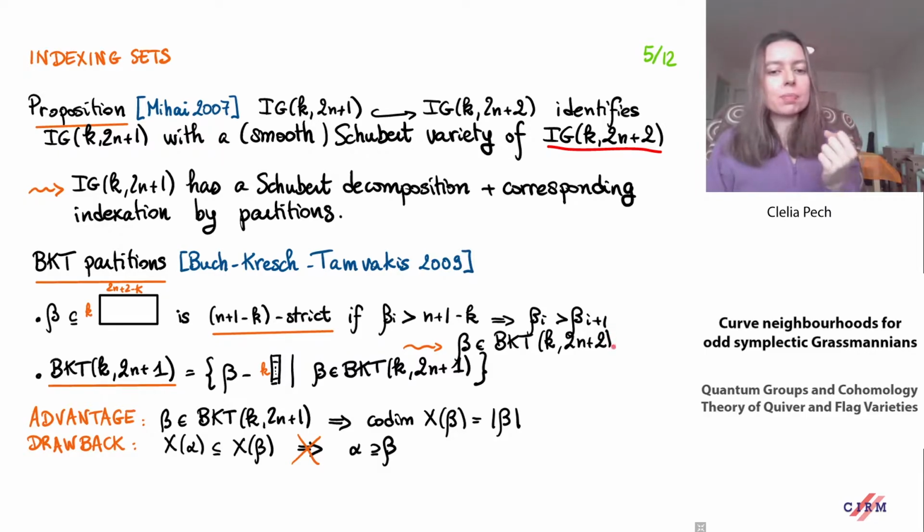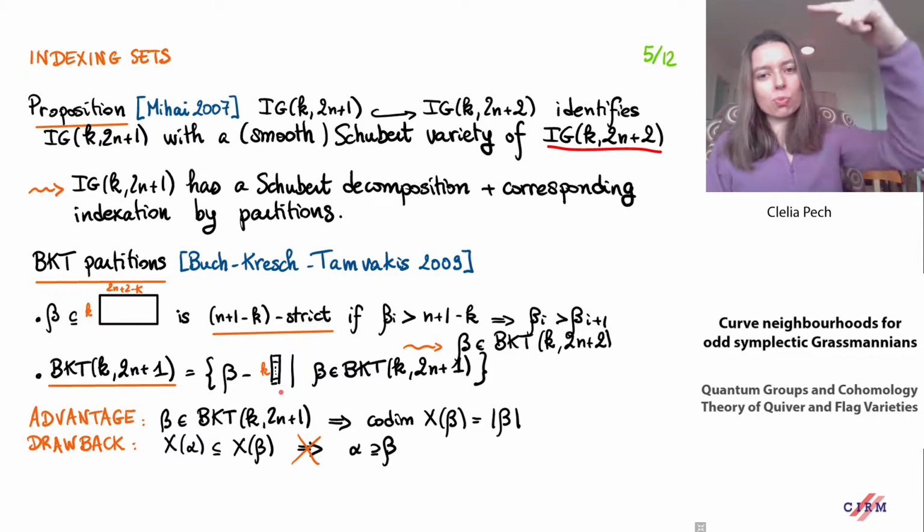And now there are different ways to translate that into an indexing set for the out-symplectic Grassmannians. But what we do here is we define a subset, and then we just remove one box from each part of the partition.